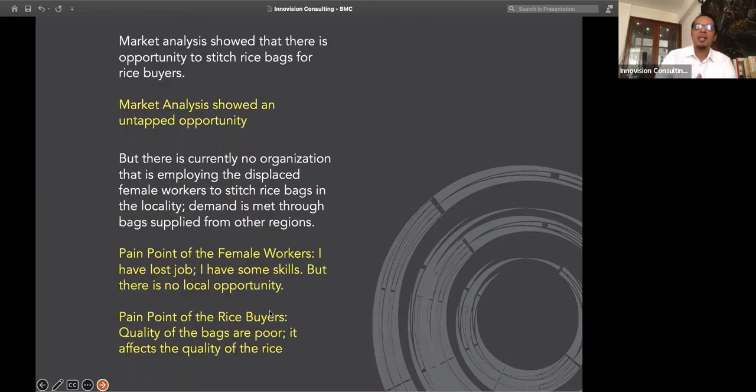Now, the market analysis also showed that there is an untapped opportunity. There's demand for stitching rice bags for rice buyers, but there was not enough supply. So the project saw that as an opportunity and then decided that it will support producer groups to develop a unit to stitch rice bags.